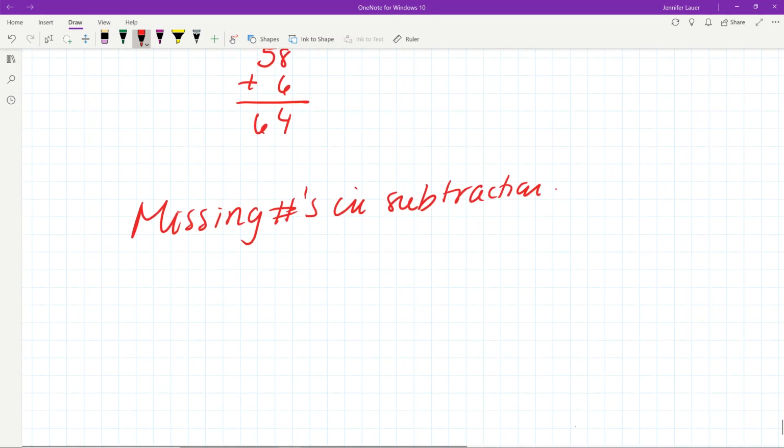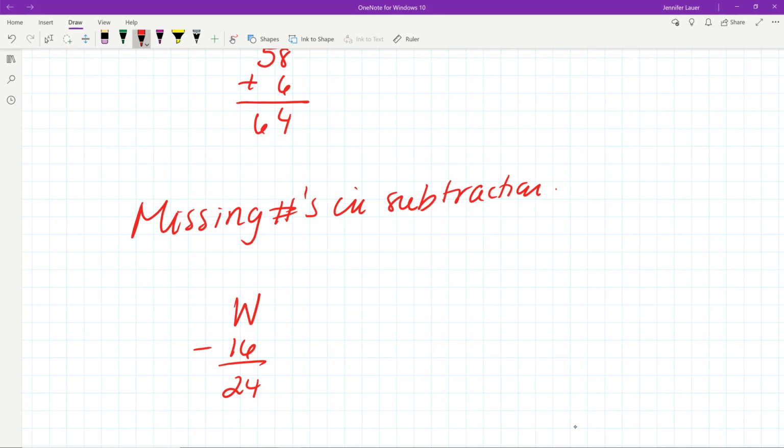Let's say we have something like this. We have w minus 16 equals 24. Once again, I want you to step back and ask yourself, do we want a bigger number than 24 or a smaller number? Well, we have to subtract 16 from a number to get to 24, so we're going to need a bigger number.